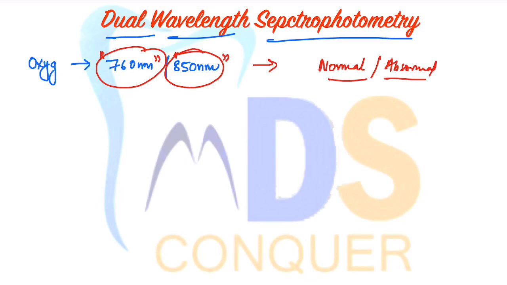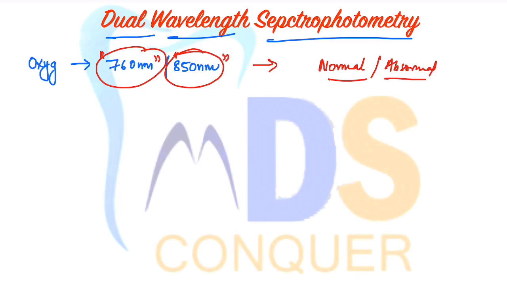So you can ask me what is the difference between this particular thing and a pulse oximeter. Okay, the main difference is that for the pulse oximeter the blood flow depends upon the pulse, that is pulsation, because the blood flow will increase whenever the pulse is more. Whereas this dual wavelength spectrophotometer measures the oxygen changes in the capillary blood rather than the supplied blood.